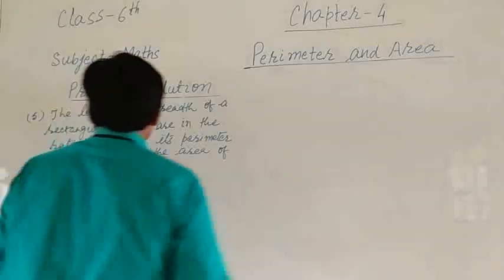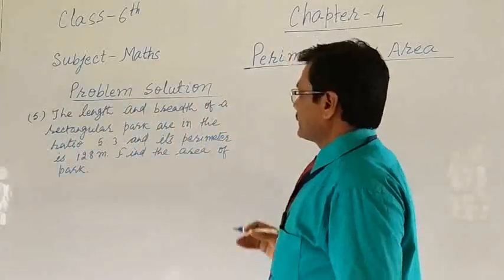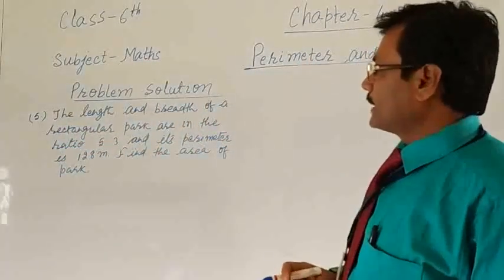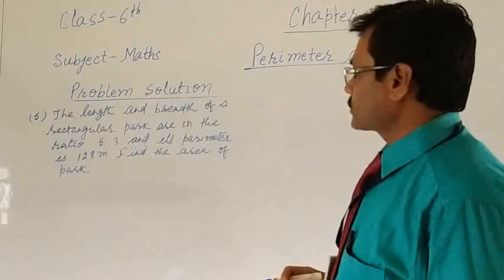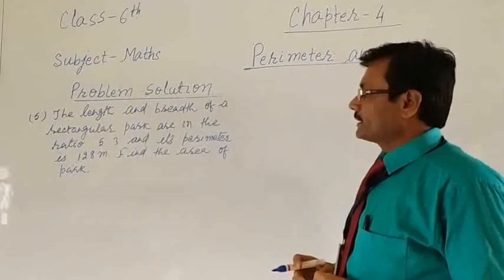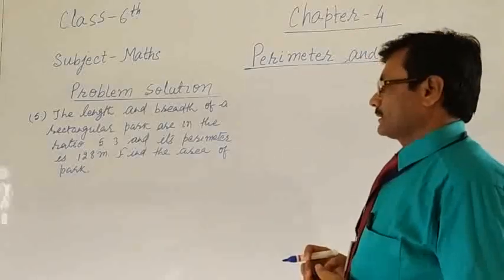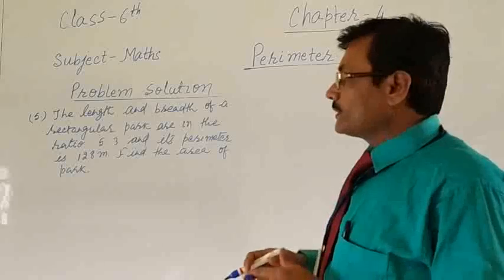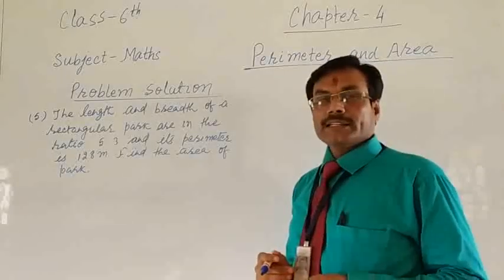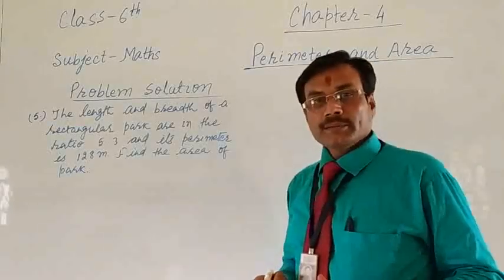Fifth question is telling the length and breadth of a rectangular part are in the ratio 5:3 and its perimeter is 128 meter. To find the area of the part. So children, first of all we need to get the original length and breadth of the part.